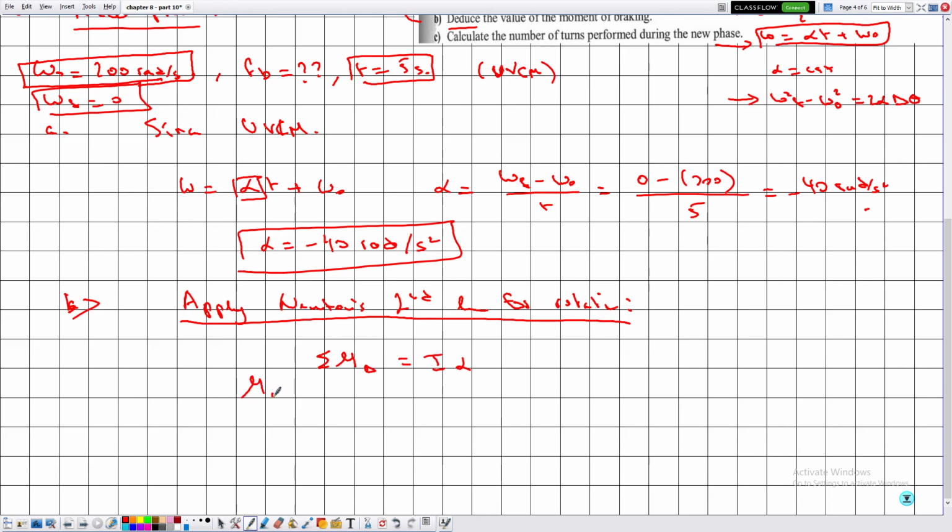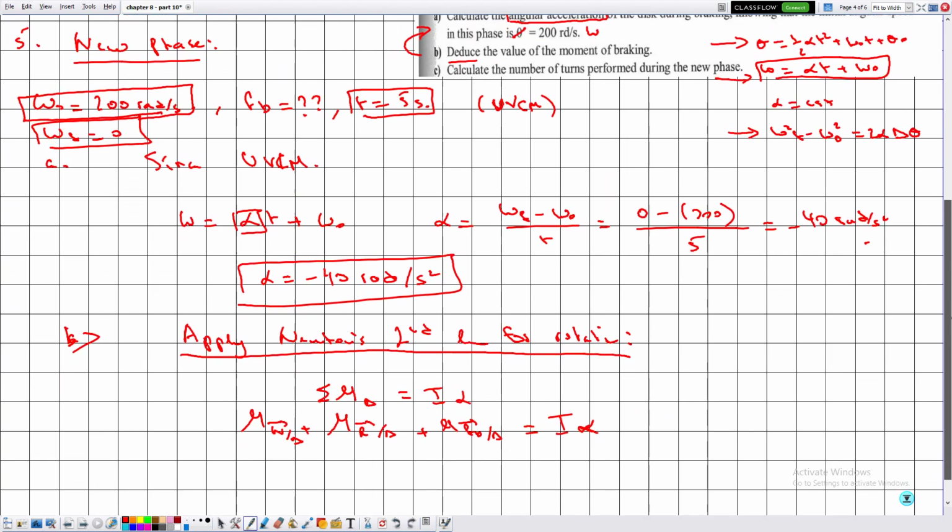We have the moment due to the weight, the moment due to the reaction around the axis delta, and the moment of the braking force around the axis delta. The moment of the motive force is now eliminated because it is not present anymore, and the sum is equal to I alpha. We are interested in determining the value of the moment of braking.